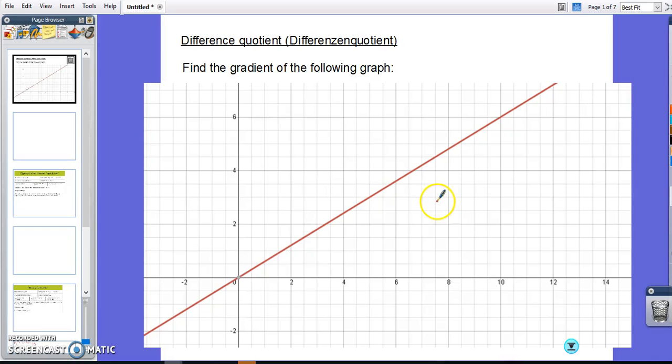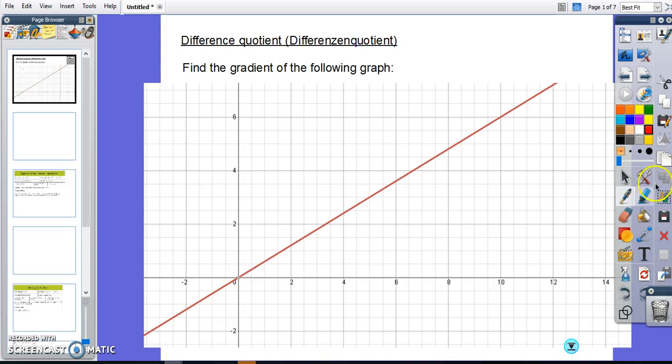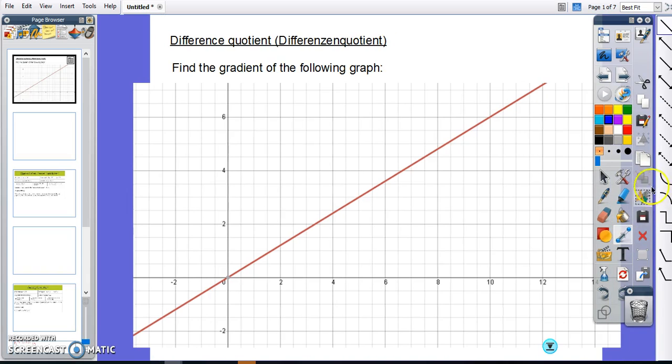So in class we looked at how to find the gradient of a function that we had just as a line, by looking at how far along it goes and how far up it goes each time. Now that works quite well most of the time, but you'll notice that there are some functions, such as this one here that I've drawn, where if I go along one, seeing how far I go up isn't such an easy task.